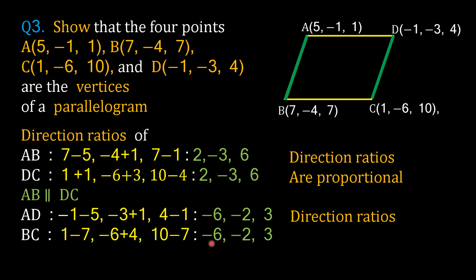That will be -6, -2, 3. Since the direction ratios of AD and BC are proportional, we can say that AD is parallel to BC. Side AD is parallel to side BC.